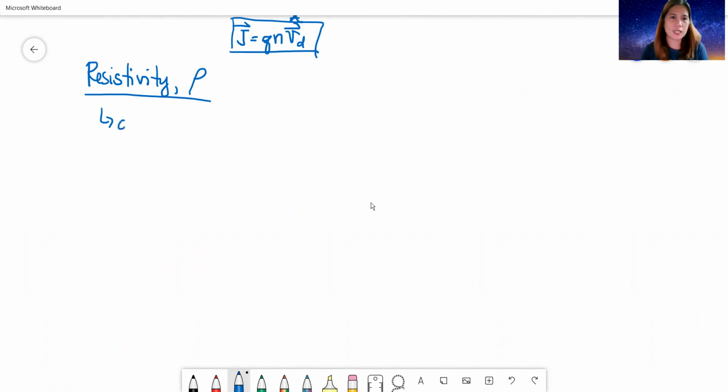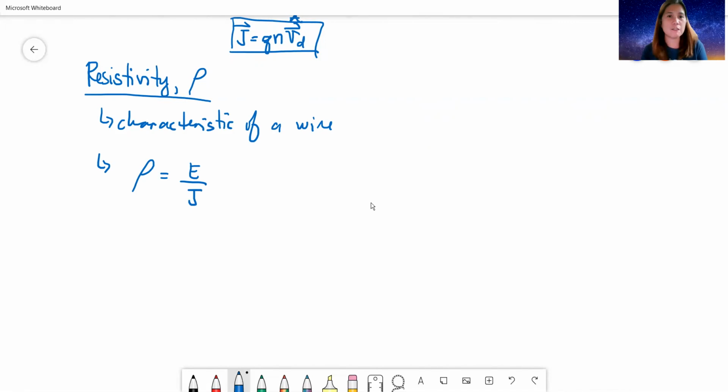It's not a characteristic of the charge, but of the wire itself. Physically, resistivity is the ratio of the electric field in your circuit to the magnitude of the current density. Resistivity is again another scalar quantity.